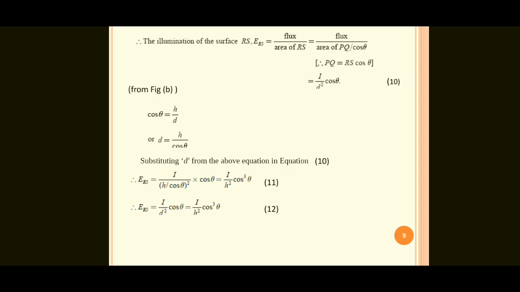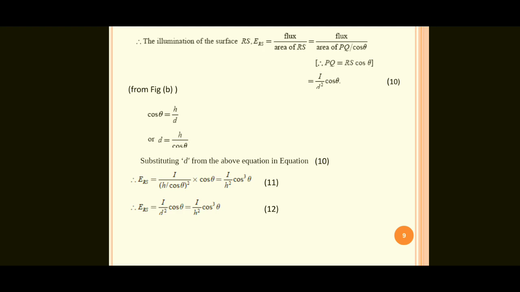So E1 is to E2 is to E3 equals I by d square is to I by 2d whole square is to I by 3d whole square. So the illumination on any surface is inversely proportional to the square of the distance between the surface and the source. That is equation number 8 in the inverse law.